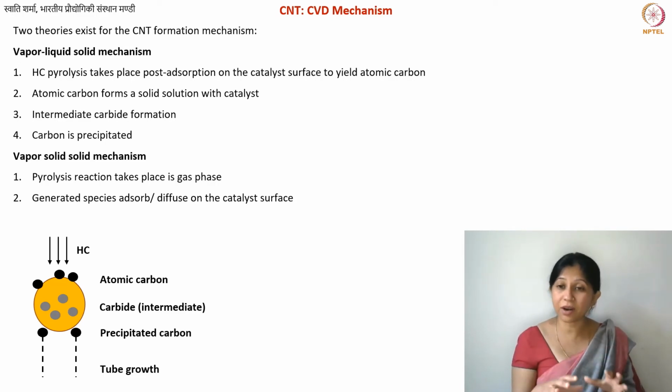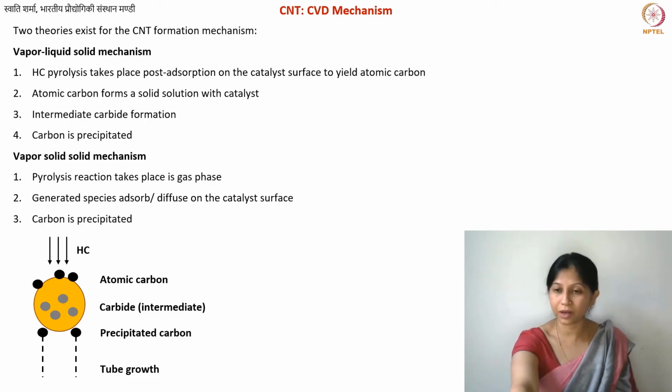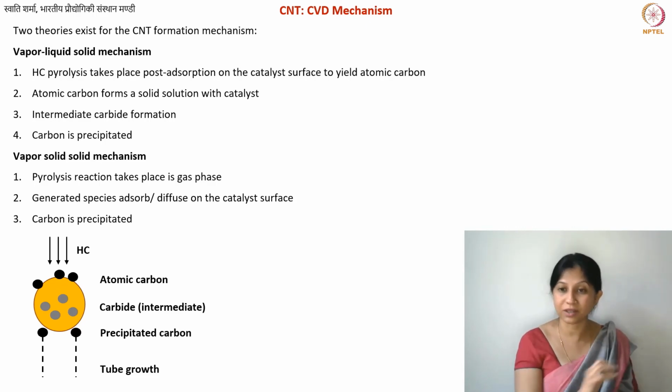They get absorbed and then they diffuse through your catalyst substrate. This sounds very similar to what we learned also in the case of graphene, especially with the nickel catalyst. Okay, and then ultimately carbon is precipitated out. So in the second mechanism, we believe that the carbide formation does not take place.